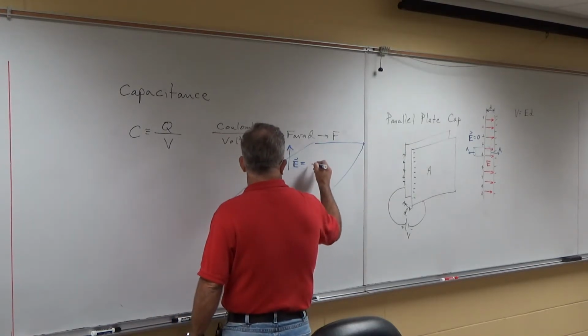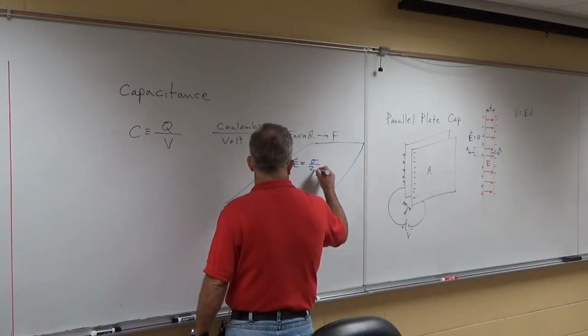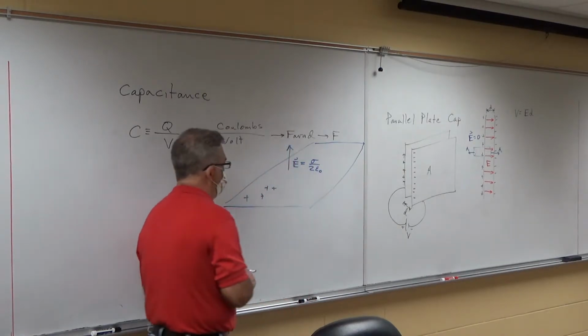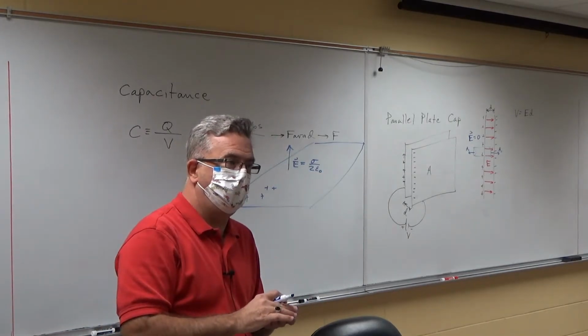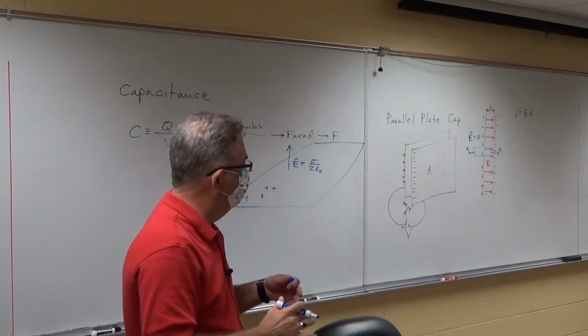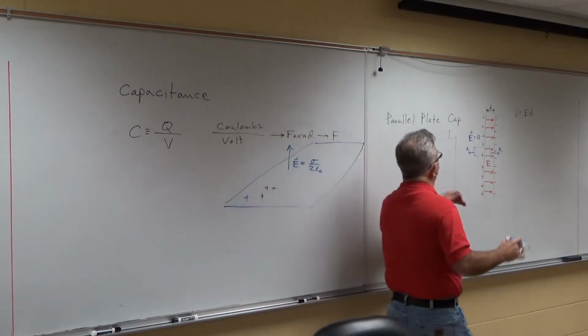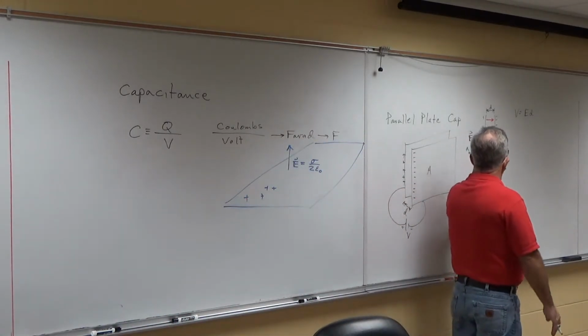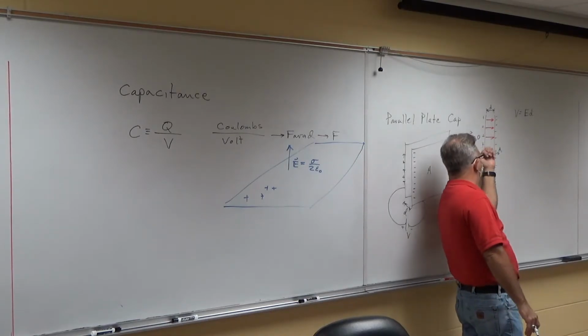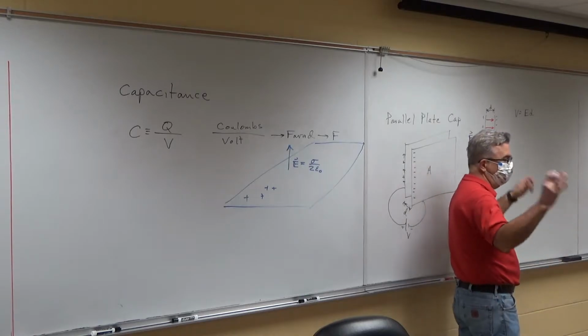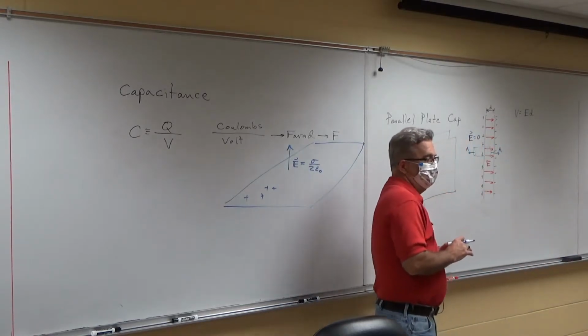The electric field was equal to sigma over 2 epsilon naught, right? Remember that? And it was a constant everywhere. So I'm imagining that these plates are very, very large. I'm out here. You've got a constant field this way from the negative plate, a constant field this way from the positive plate. They cancel.